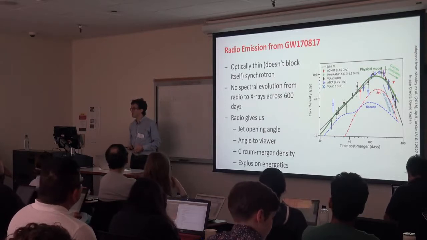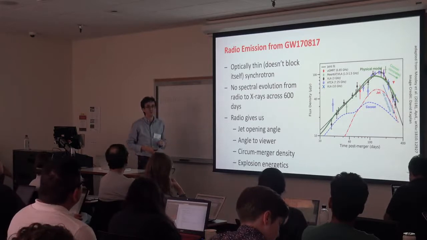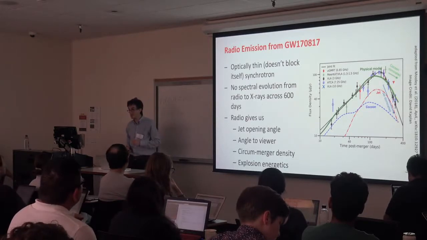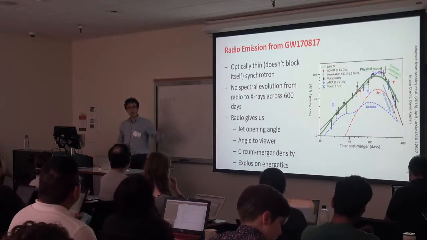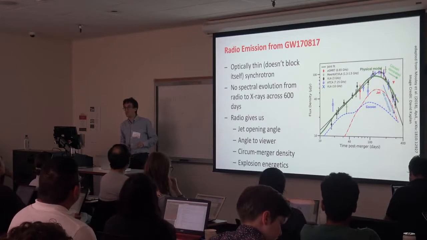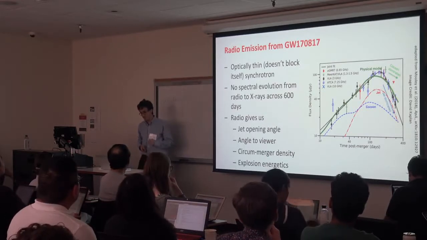And we also can determine the total energy of the explosion. These are all very fundamental things. X-rays, it turns out, are also giving you the same pieces of information for this particular explosion. But in this case, the radio data were more powerful because we could observe it a lot more.